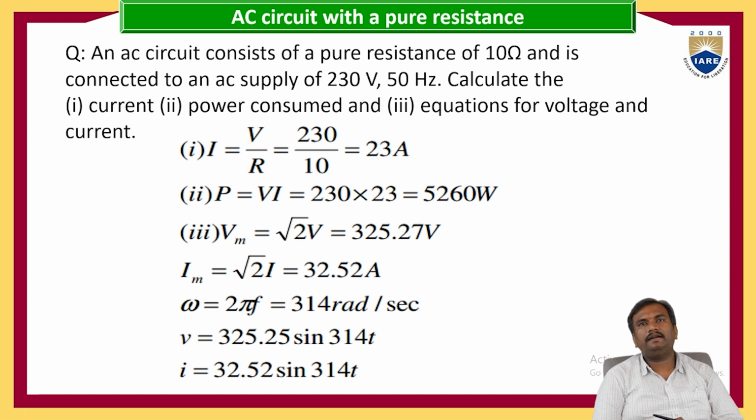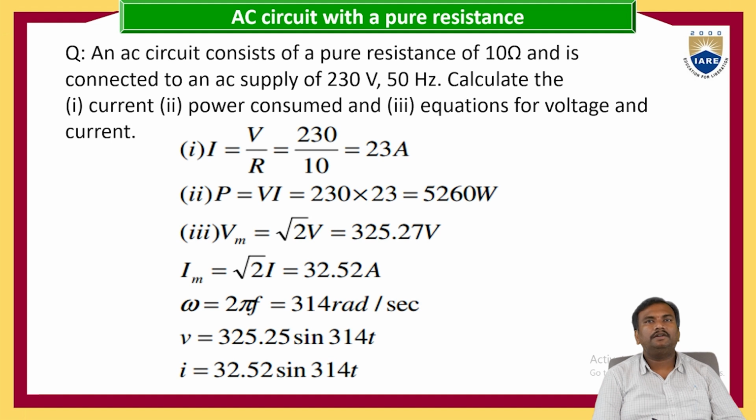Calculate the current, power consumed, and equations for voltage and current. Whatever voltage is given in any circuit, it is the RMS voltage, unless the voltage function is specified. The value given is nothing but the RMS value.